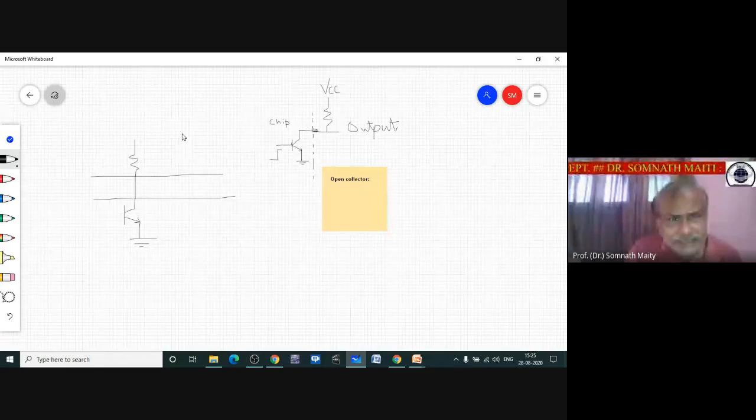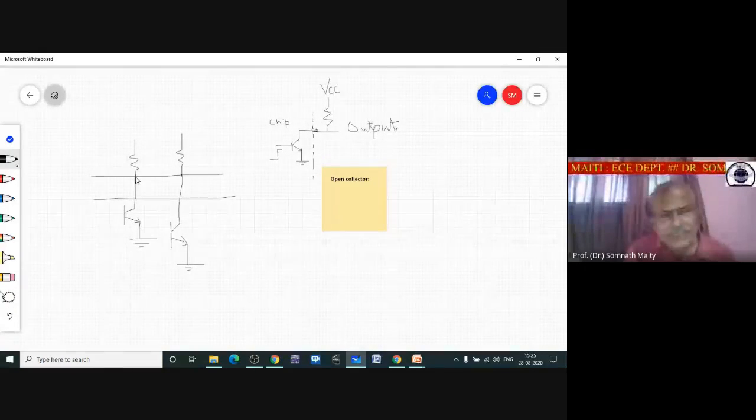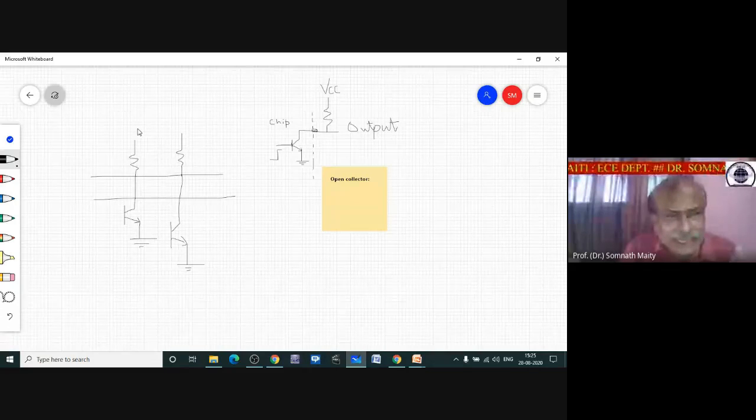Or you can connect it here. So here also open collector circuits are there. So multiple devices can be connected here or here. They might have different voltages. This VCC, let's say this is 12 volt. This can be 5 volt.